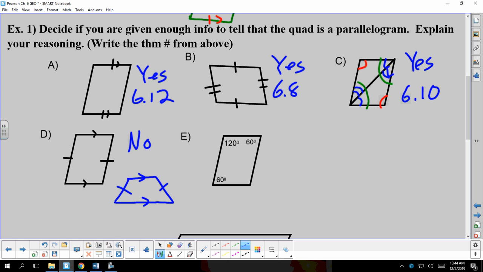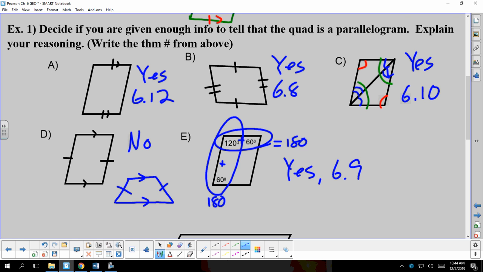Right? So it has to be the same side that's both congruent and parallel. And then this one, we have consecutive angles that are supplementary. So we get those add to 180. And then these down here add to 180. So this is yes.